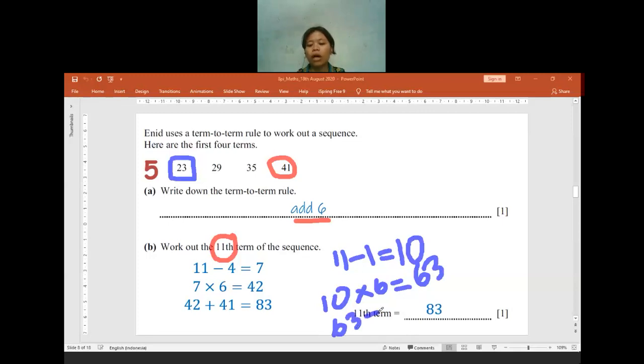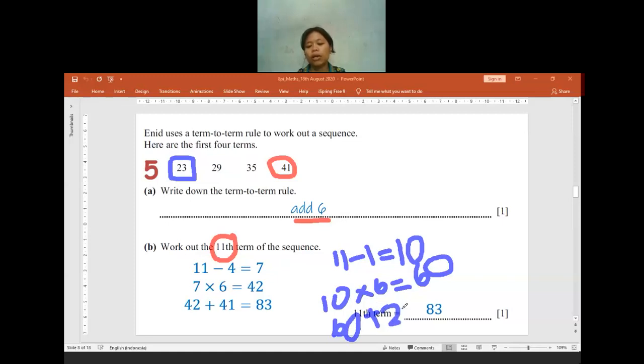Some of you are using different ways, because it depends on which term you are going to use. Like we have the first four terms, you can use the first term, the second term, the third term, or the fourth term. That's why the method might be different, but the final answer will be the same.